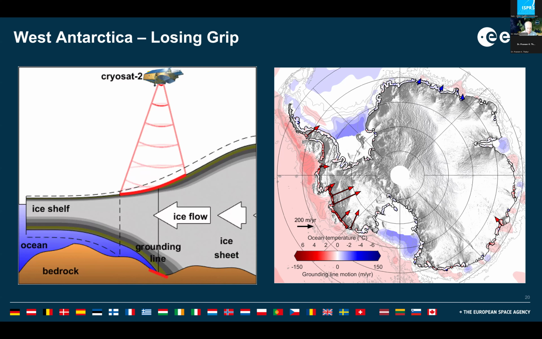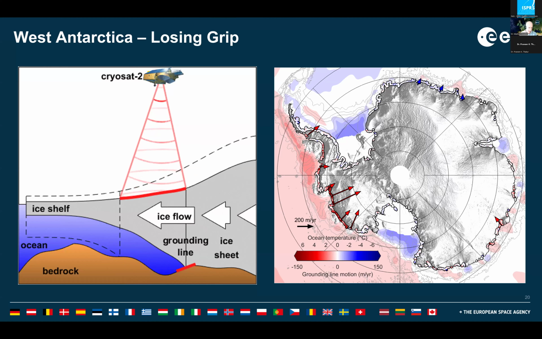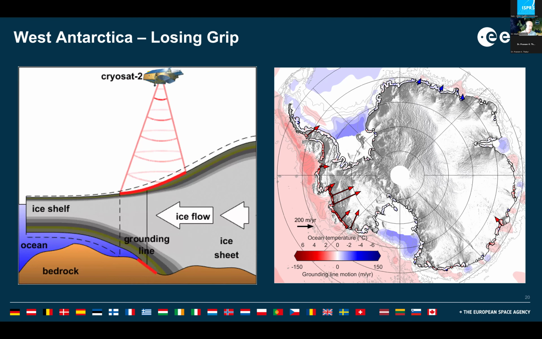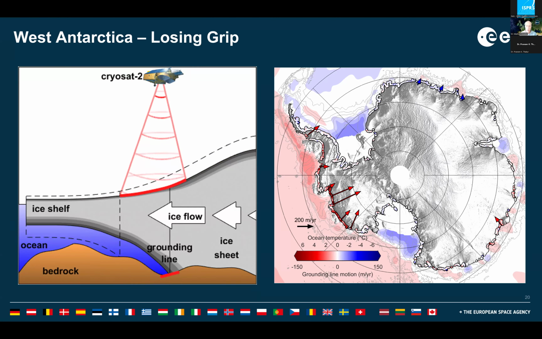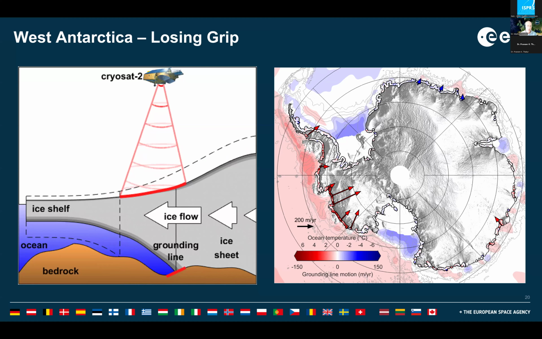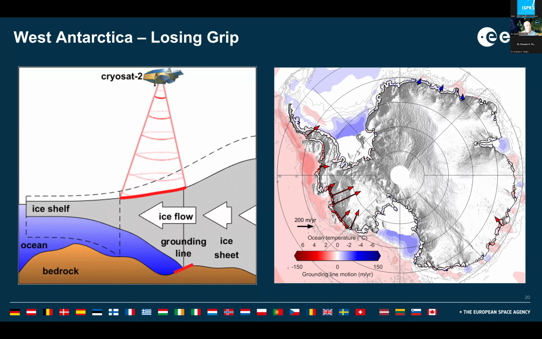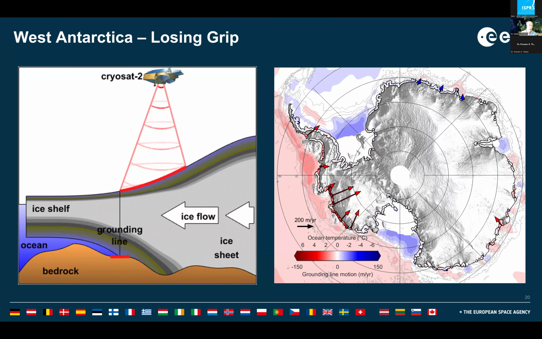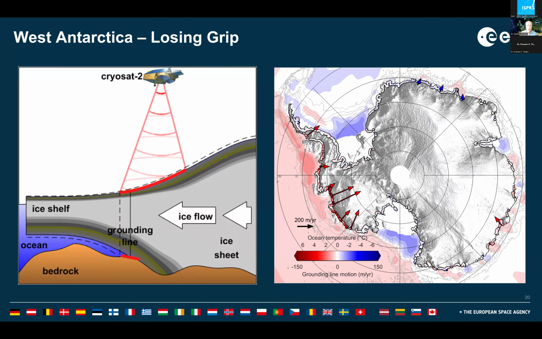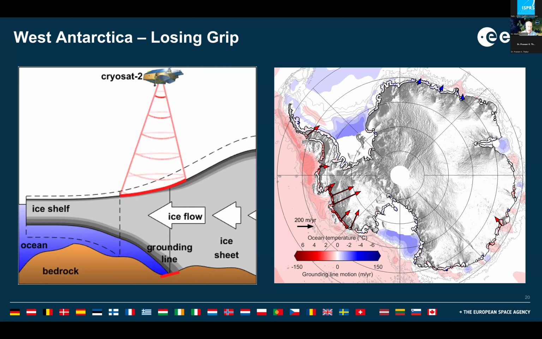And this is thought to be responsible now for the acceleration in grounding line retreat, particularly in West Antarctica, which is most susceptible to the warm deep water coming into contact with the glacial cavity beneath the ice shelf. So West Antarctica is thought to be the most sensitive part of Antarctica to change.